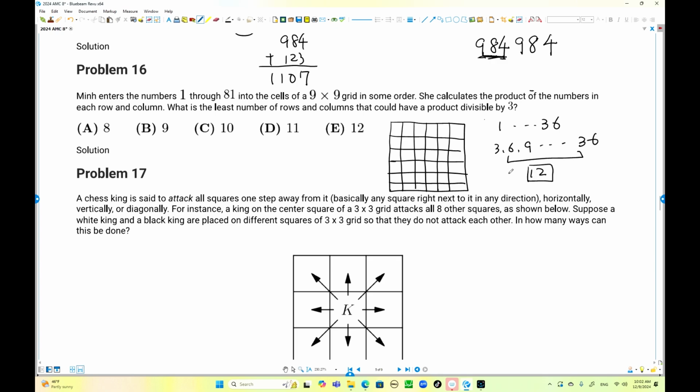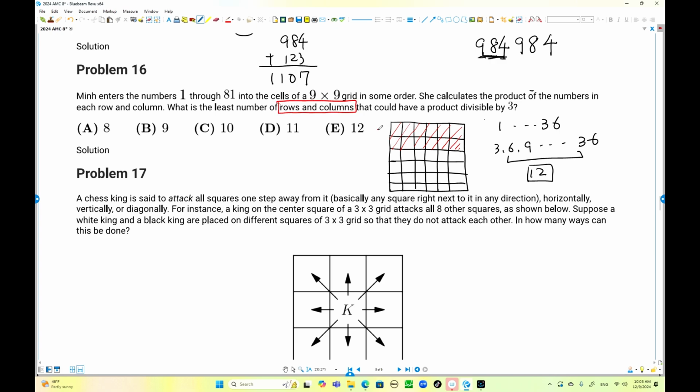We are going to arrange these 12 numbers to find the least number of rows and columns divisible by 3. If we arrange them horizontally, 12 over here, what is the number of rows and columns together divisible by 3?